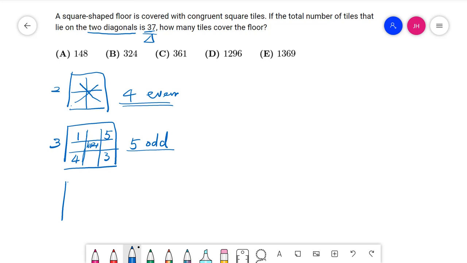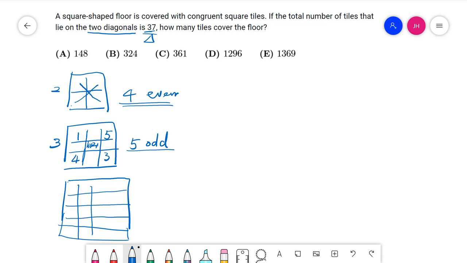Let's try something else to confirm our findings. How about 5 by 5? So that's 1, 2, 3, 4, 5. And 1, 2, 3, 4, 5. Good.